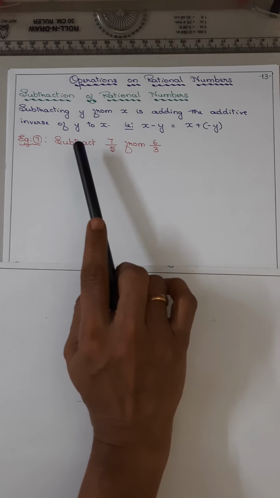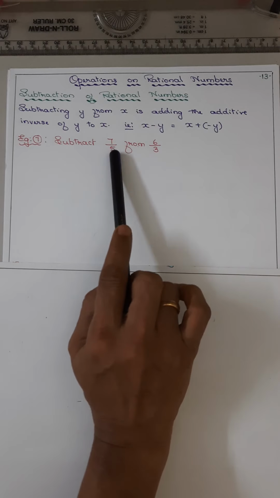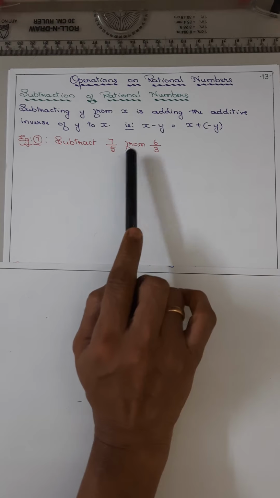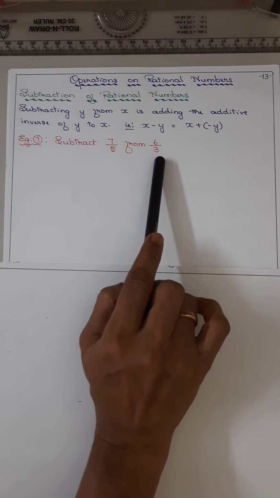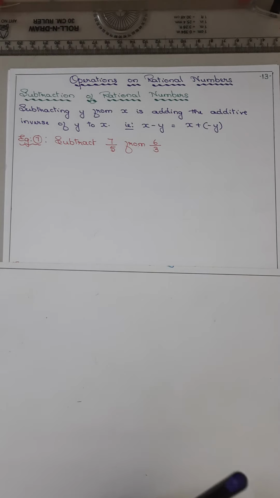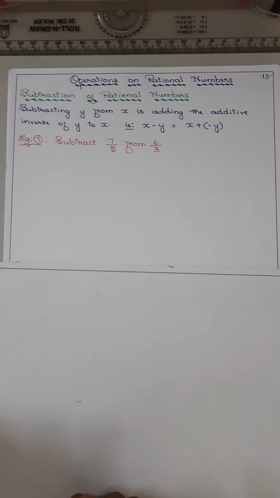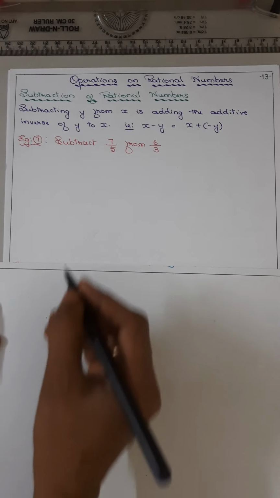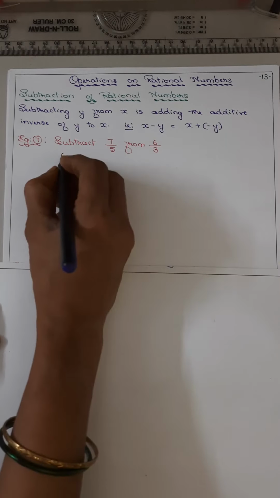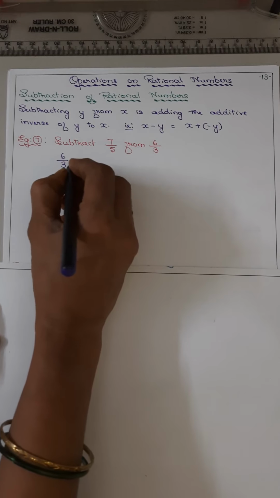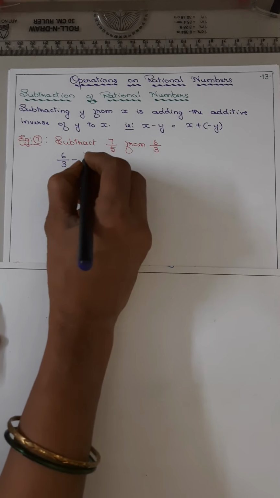Now coming to example 7, subtract 7 by 5 from 6 by 3. So subtracting 7 by 5 from 6 by 3 means what? 6 by 3 you have to write first, minus 7 by 5.